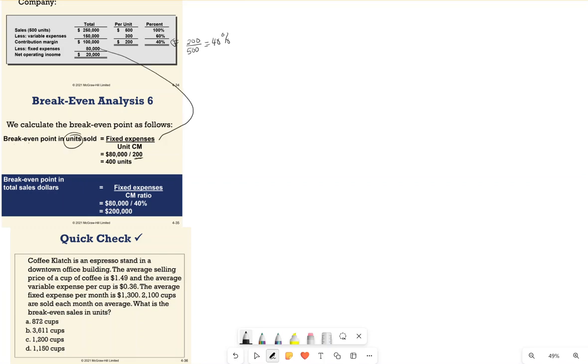This will give you how many units you have to sell in order to make zero income. Or if you wanted it, you could take this and multiply by the selling price, which will give you break-even sales in dollar value.